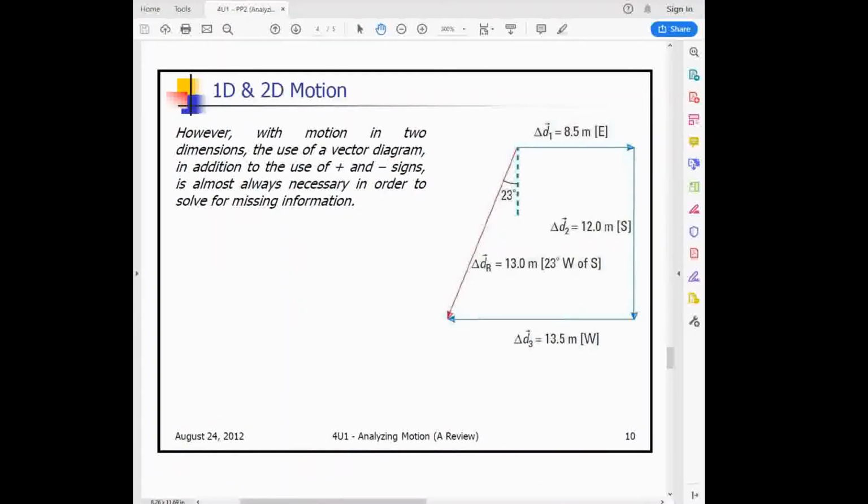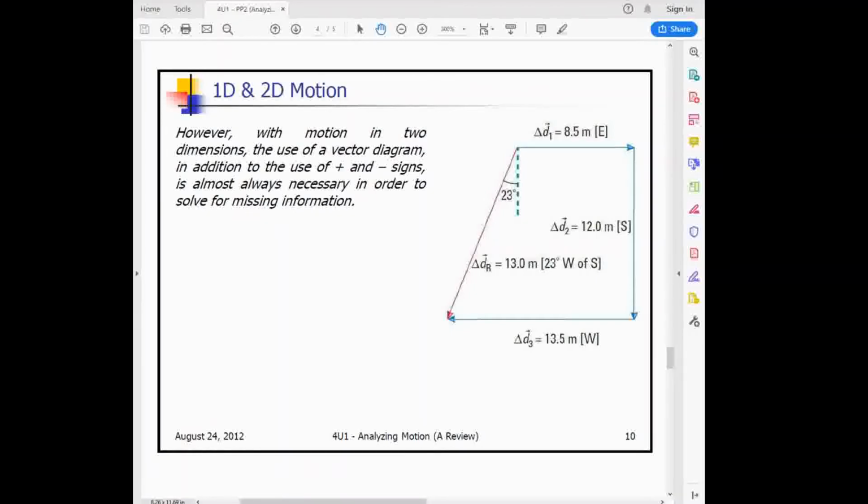Now, a 2-dimensional problem might look something like this. Here we have 3 displacement vectors, a delta D1, which is 8.5 meters east, added to a delta D2, which is 12 meters south, added to a delta D3, which is 13.5 meters west. Now, any 2-dimensional problem can be turned into a series of 1-dimensional problems.